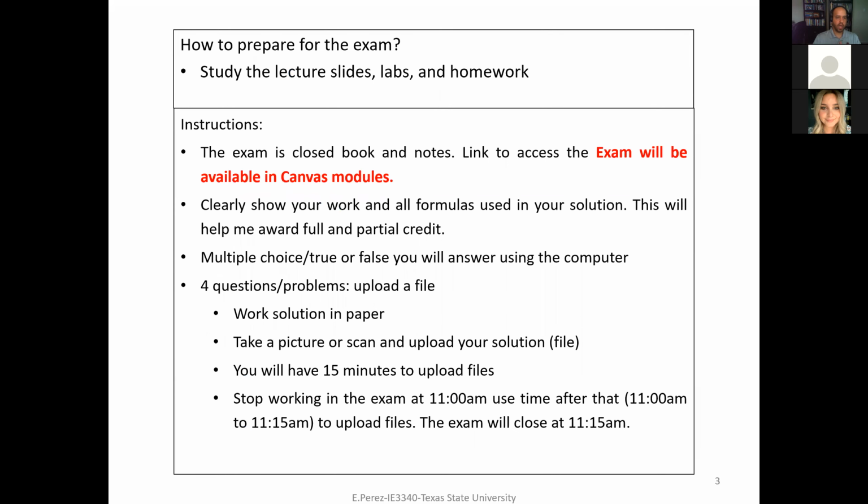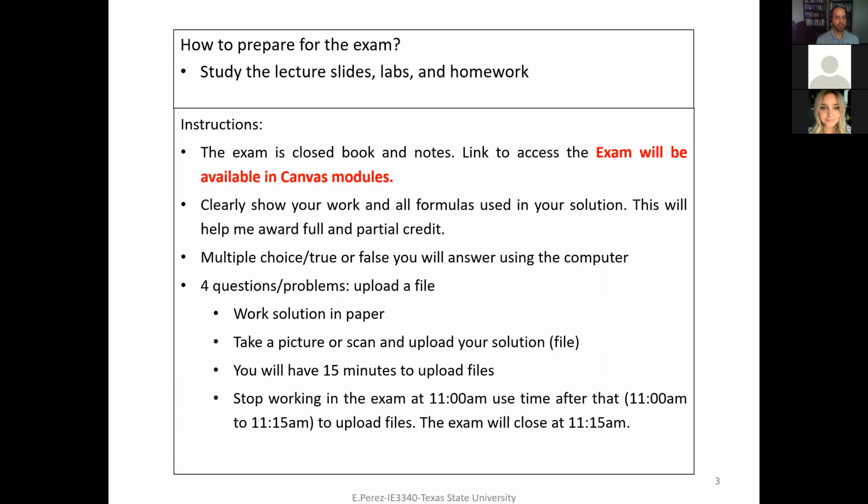So how to prepare for the exam? I encourage you to look at the lecture slides, the lab, and the assignments. If you have a good understanding of how to solve the problems that were presented in the labs and the assignments, you should be doing very well.